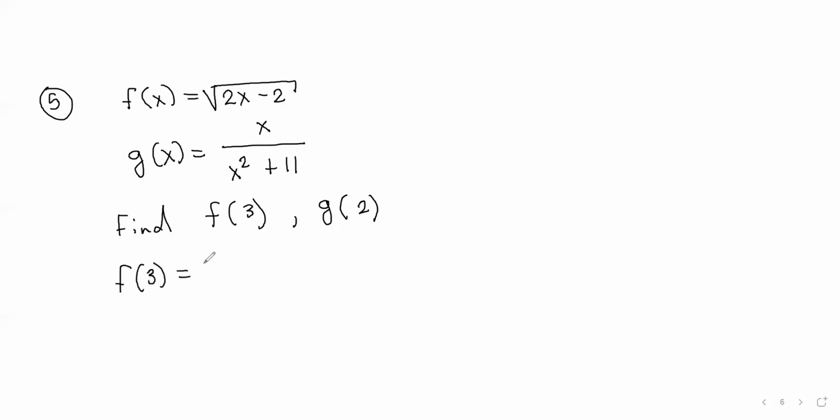So let's calculate this. f of 3 is equal to the square root. 2x becomes 2 times 3, then minus 2. 2 times 3 is 6, so this becomes the square root of 6 minus 2. And 6 minus 2 becomes 4, so this is the square root of 4.